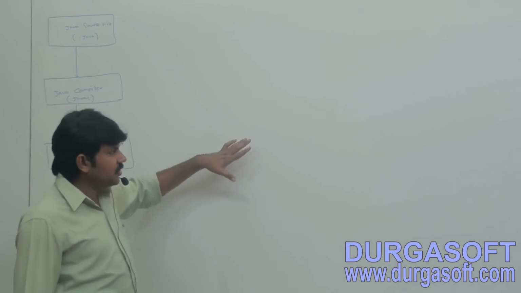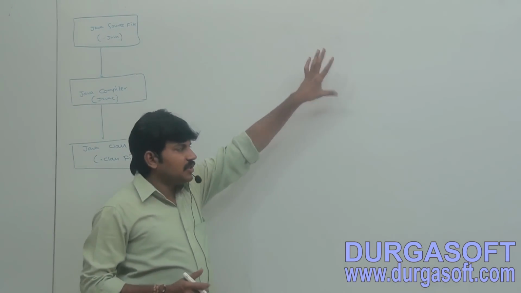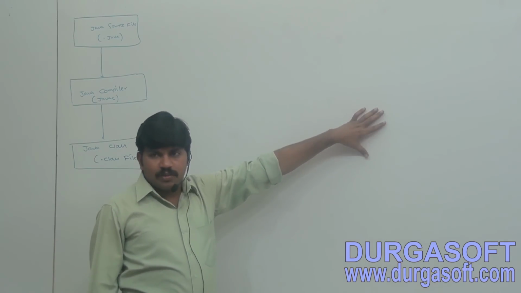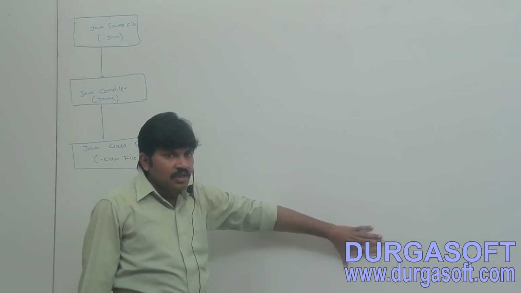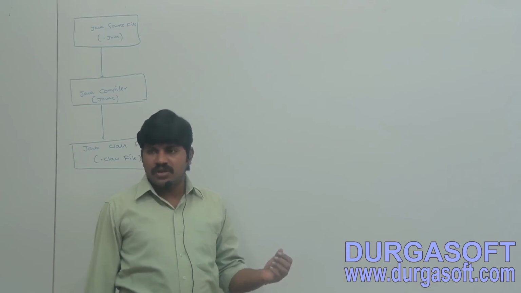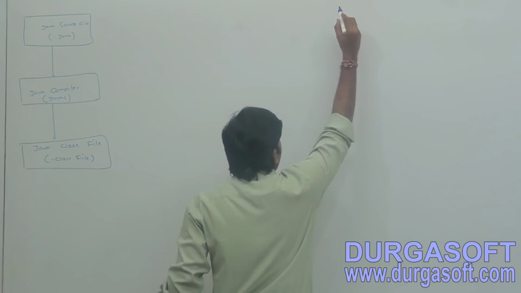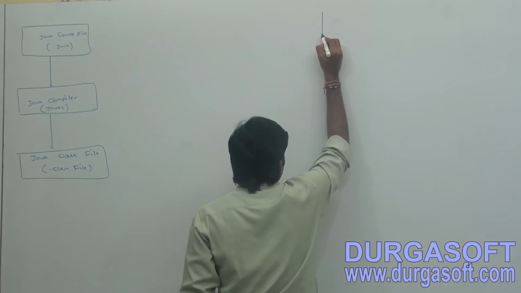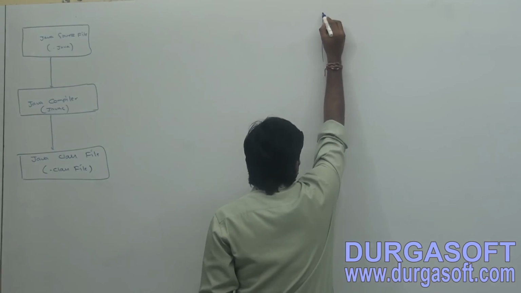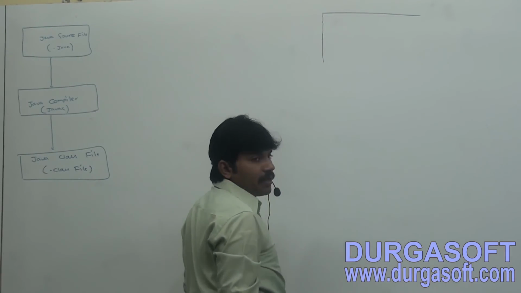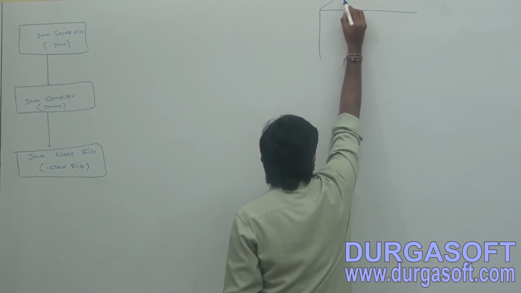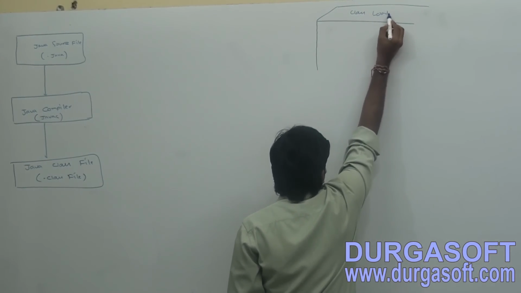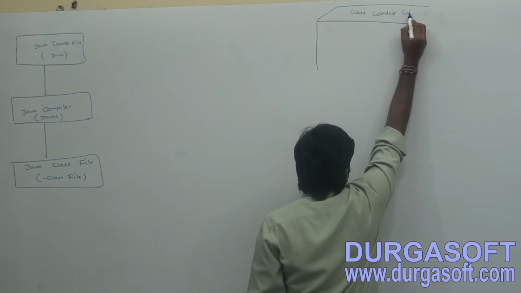Have you remembered in the last session we covered JVM architecture with respect to three modules? First module, class loader subsystem; second module, various memory areas; third module is nothing but the execution engine or execution unit. Now here just observe. Here I have one module named the class loader subsystem.